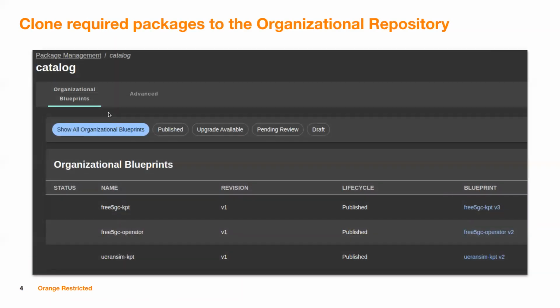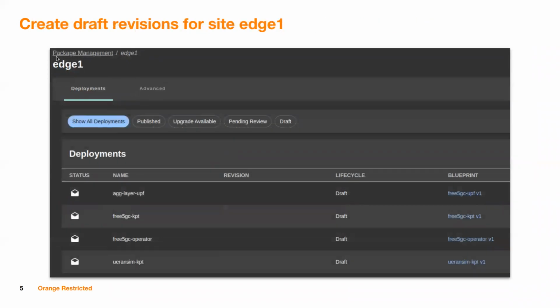From the Nefio perspective, what we need to do is copy to the catalog, alongside the free5GC operator, also the free5GC kpt and UERANSIM kpt prepared by us. And then we provide the demo on the edge one. So we create the draft package revisions on the edge one for all the packages: the UPF, of course, the free5GC operator, and other network functions and UERANSIM.